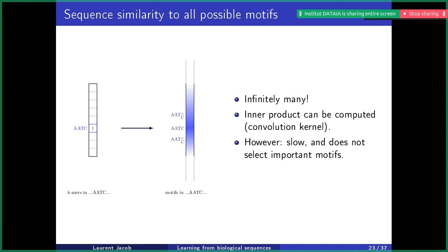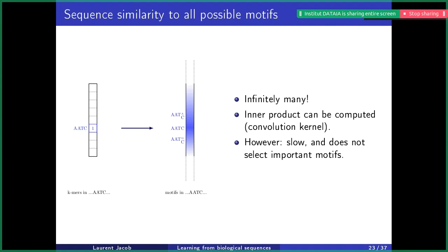we start by building a different representation. It also gives you the link with the k-mers I was talking about before. This was the representation by k-mers: for this one sequence, if I have AATC, I put 1 here, then this is AATG, for example, etc., 1 or 0. You could think of a relaxation of that. Instead of using the k-mers, I'm using all possible probabilistic motifs, so I have infinitely many here.